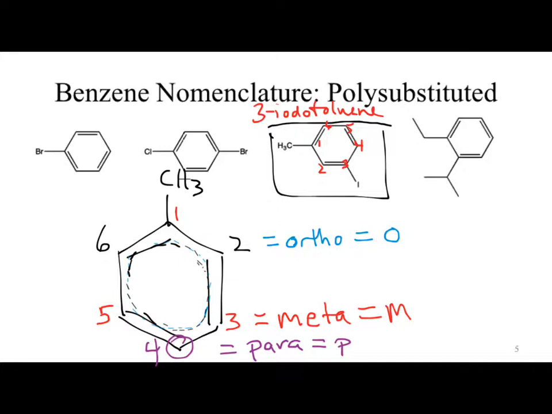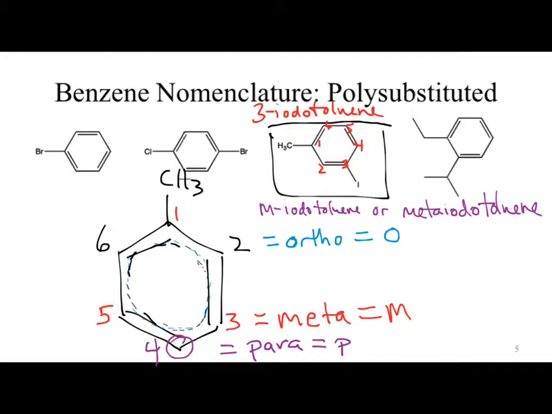So what we're looking at now is instead of referring to this as 3-iodotoluene, how else could we refer to it? We could say meta-iodotoluene, or M-iodotoluene.